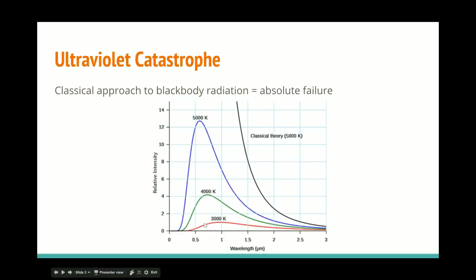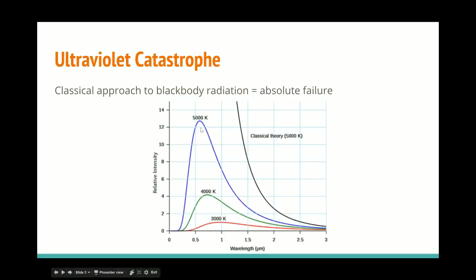Then the intensity starts to come up, and then it goes back down. So it peaks right around a wavelength of about 0.89 microns. And then the green line shows 4,000 Kelvin. All of the light is brighter and more intense, and the peak has shifted a little bit left to a shorter wavelength.